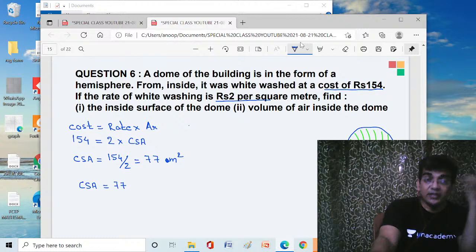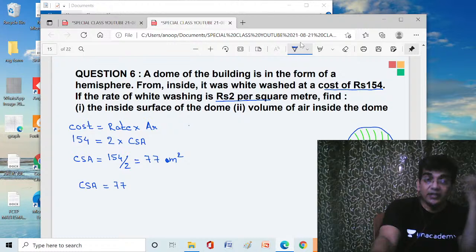So in the numerator you are getting 7 7s are 49, and in the denominator you are getting 2 2s are 4. So what will be the radius? You will take the under root of this, because this is the value of r square. So 7 by 2 centimeter. This is the radius.